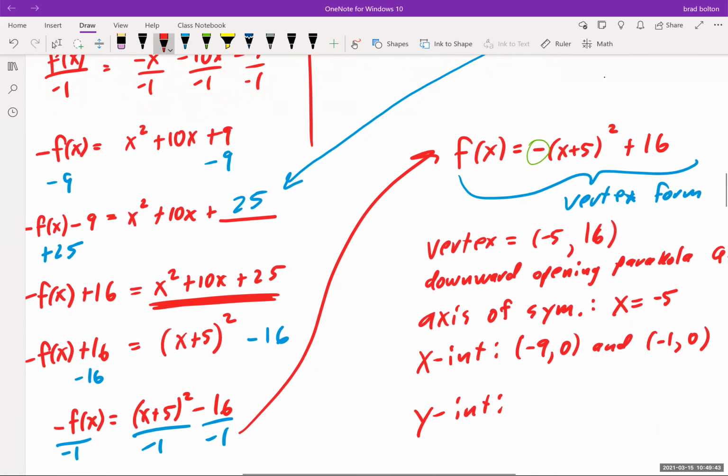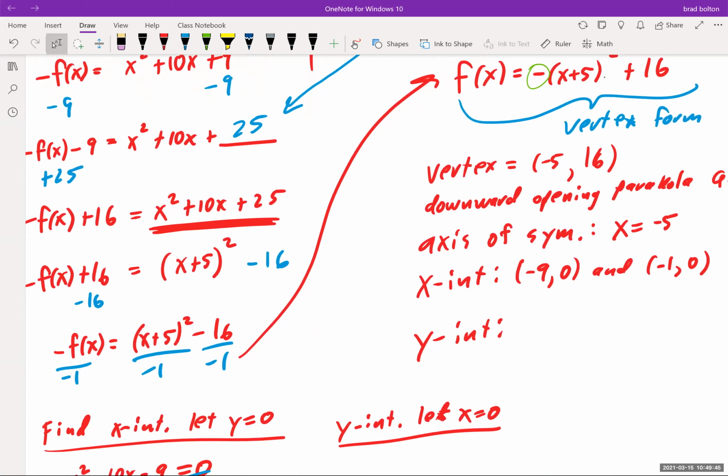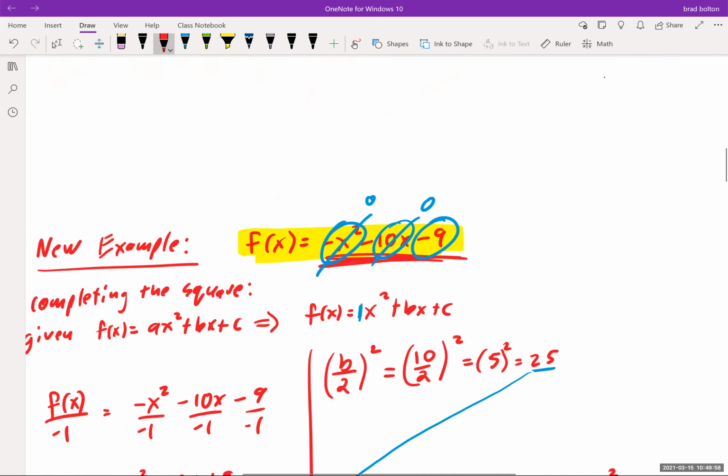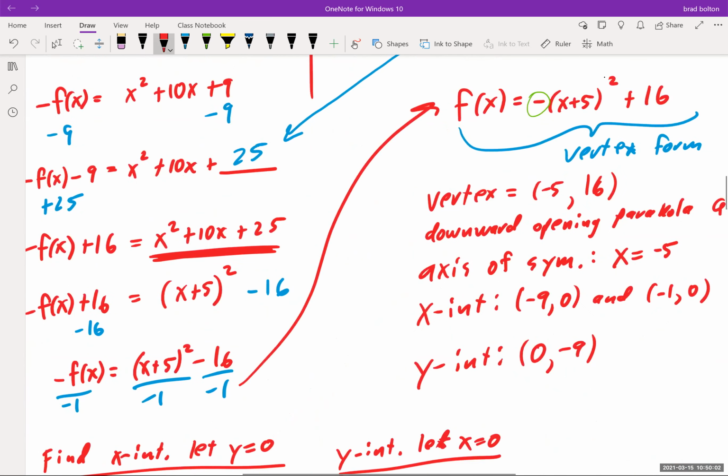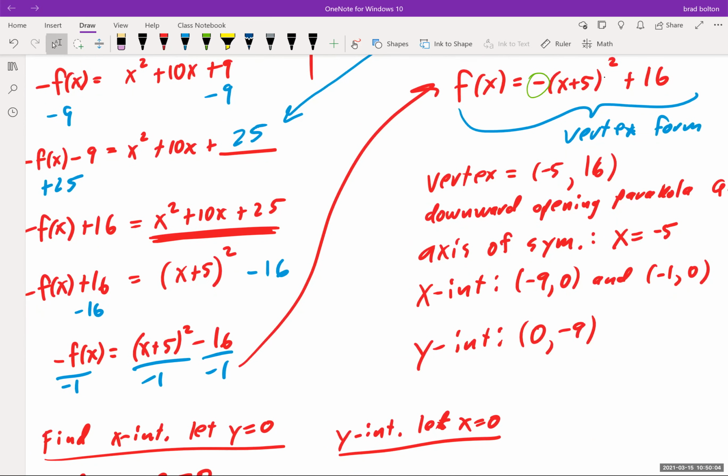So the y-intercepts with parabolas are normally pretty easy. The y-intercept is (0, -9), that's 0 for our x and -9 for our y. That's telling me where it will cross the y-axis.